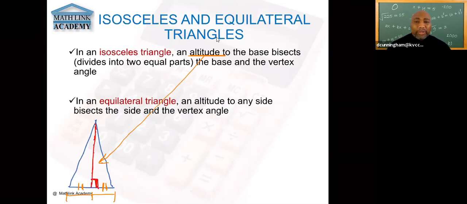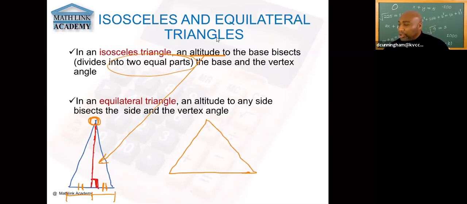So an altitude to the base that bisects gives us two equal parts, and again, this is coming from the vertex. Now the equilateral triangle is a little different, because in an equilateral triangle all three sides and angles are equal.